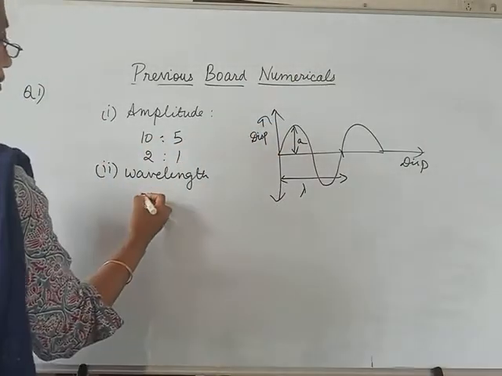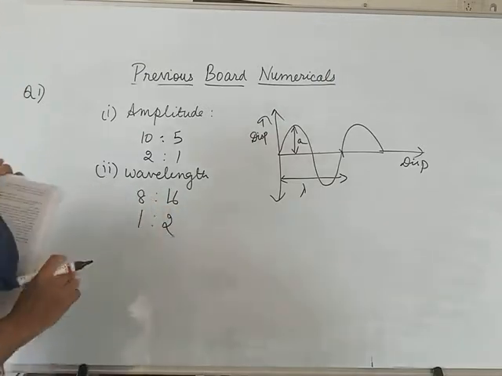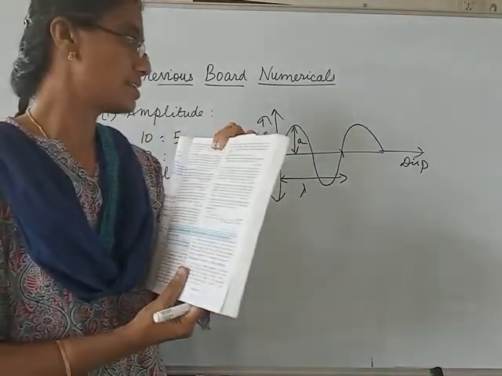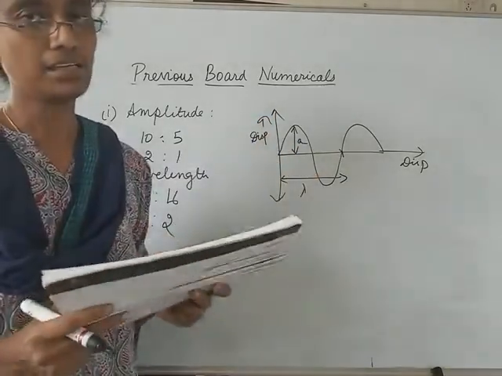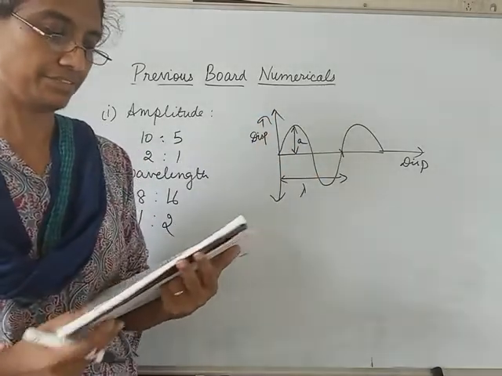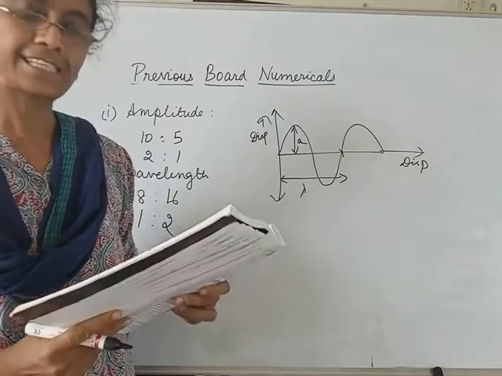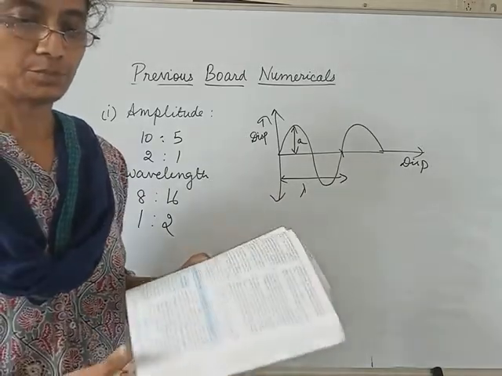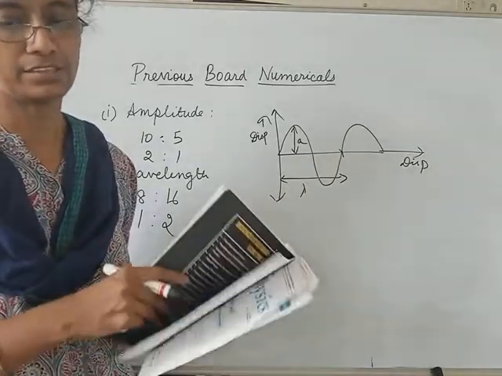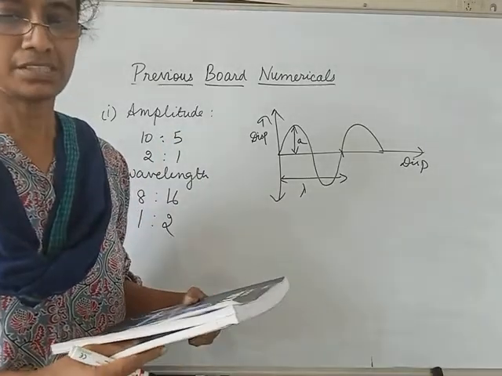So it is 8 is to 16, that is 1 is to 2. This is to check whether you know that this is the amplitude and this is the wavelength of the wave. So with this the exercise numericals are over. I'm going to solve one more extra numerical that came a few years back.